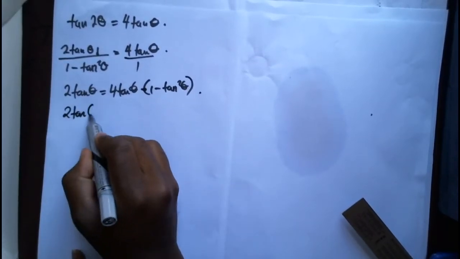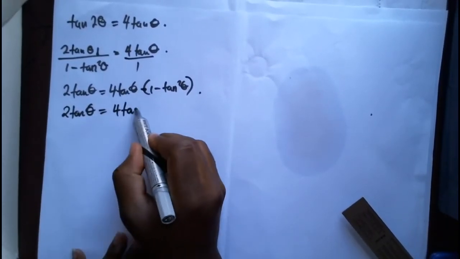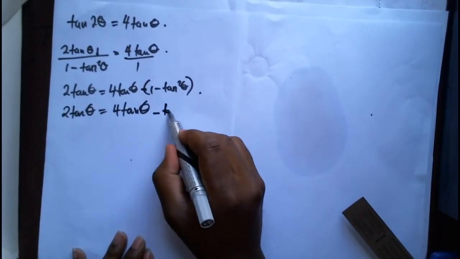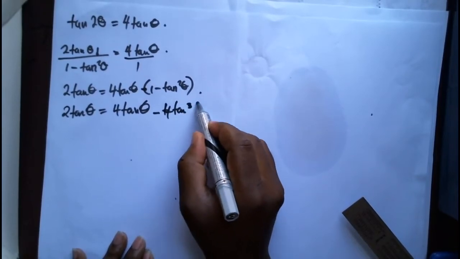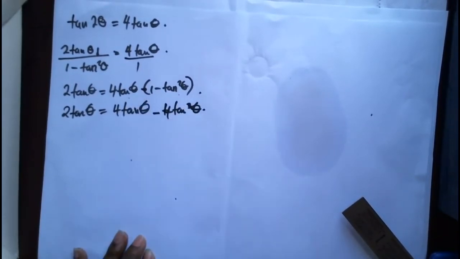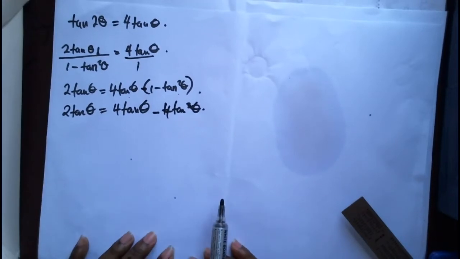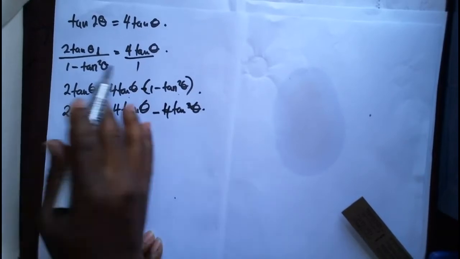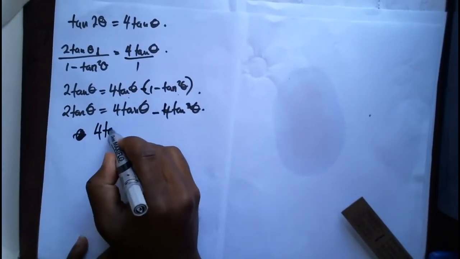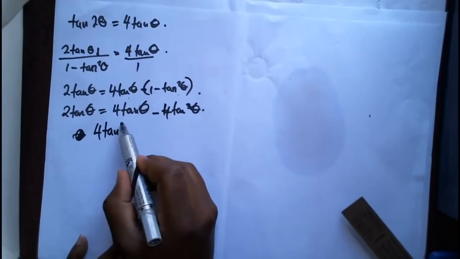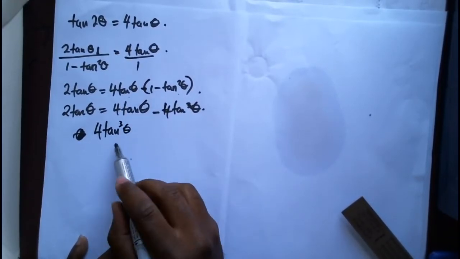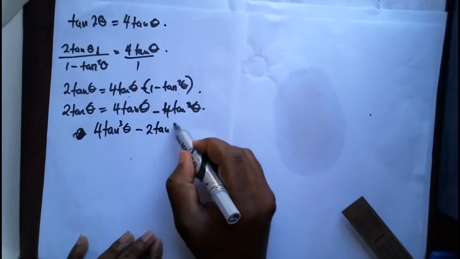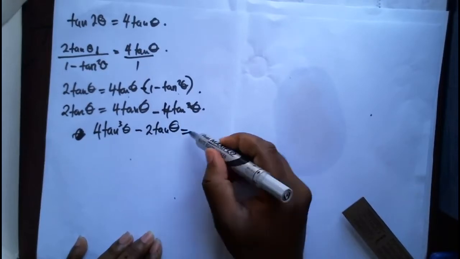It becomes 2 tan theta is equal to 4 tan theta minus 4 tan to the power 3 theta. You can see tan and tan squared give me tan to the power 3. So I can take this to this side, I get 0, and I can rearrange this and write it as 4 tan cubed theta minus 2 tan theta is equal to 0.